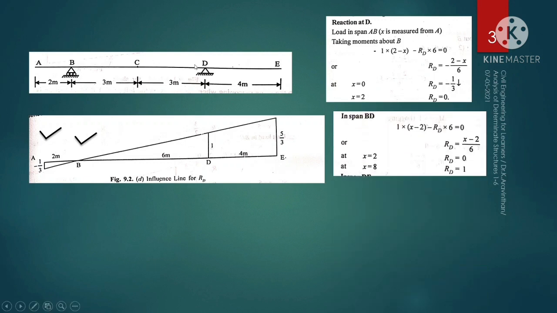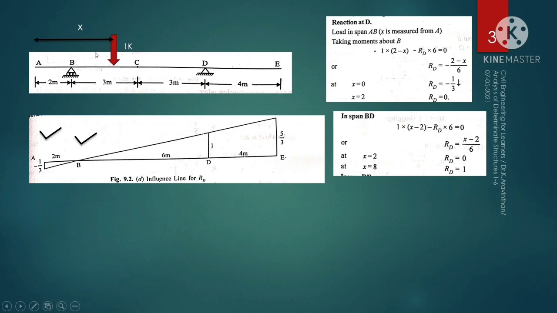For this member B and D, apply a load. The same case, take the moment at B. So RD into 6, that is anti-clockwise, and 1 into the distance. How to find this distance? The distance from A to B is 2 meter and this is x.